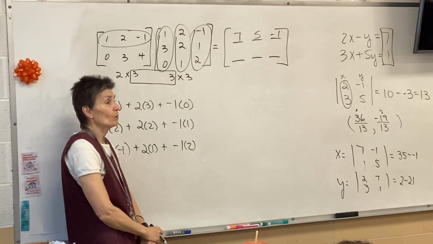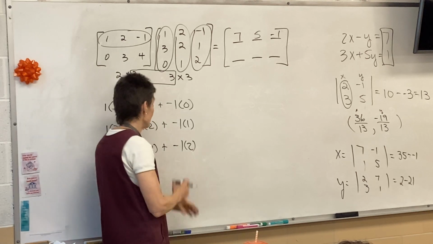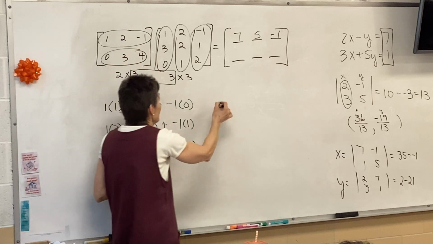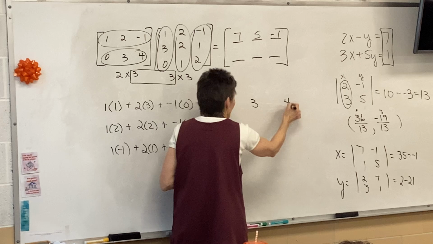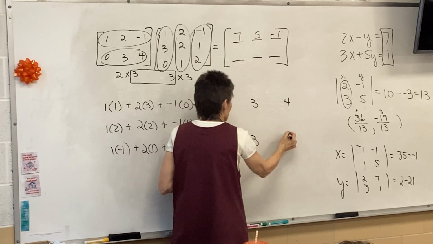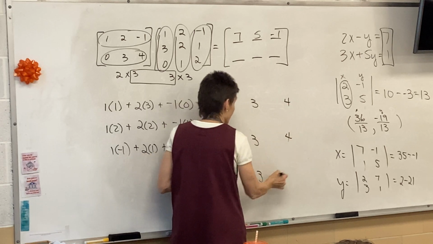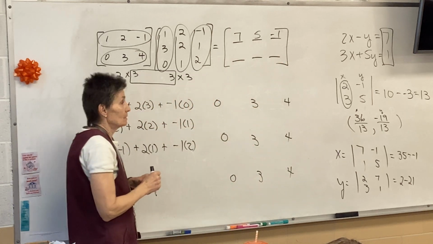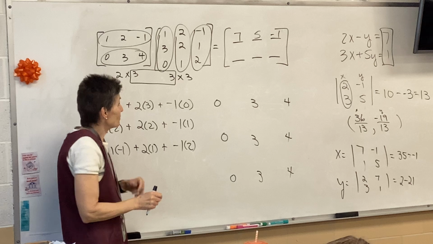All right, now you work on row 2. You're going to do exactly what we just did, except you're going to be using 0, 3, 4. And you're going to use it 3 times because you have to find 3 numbers down there. All right, so go, see what you can come up with.